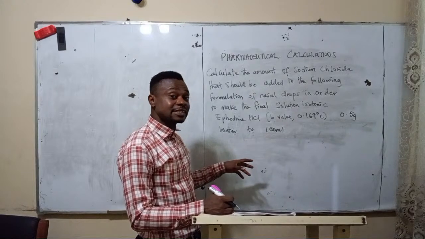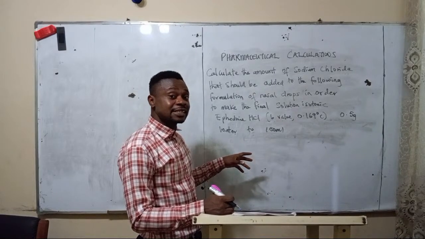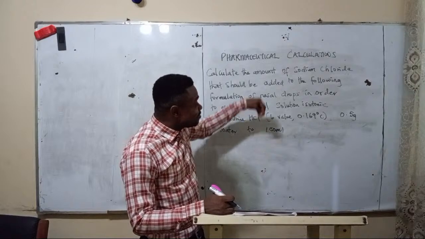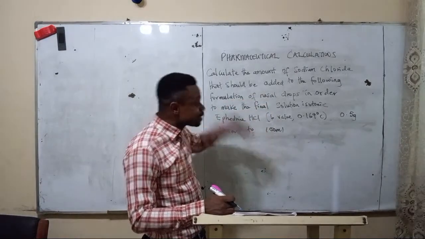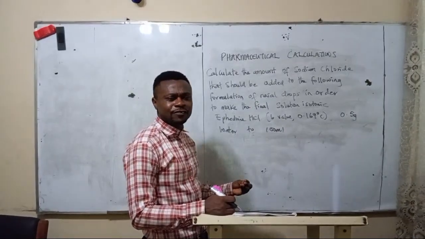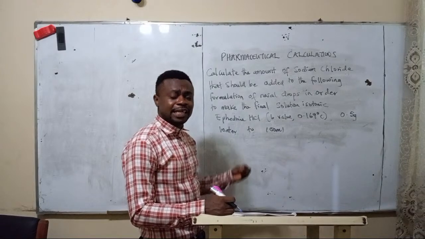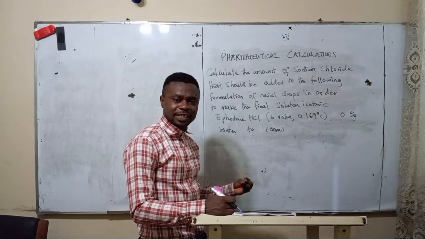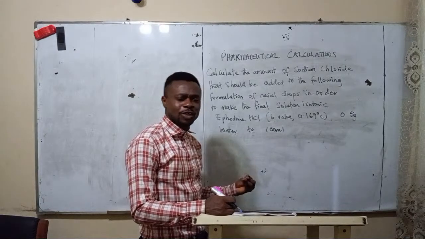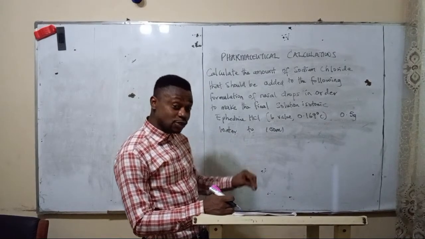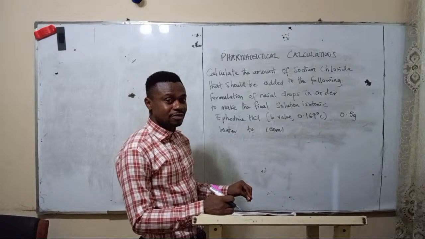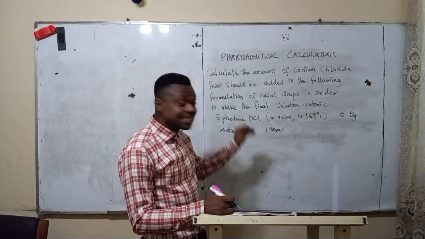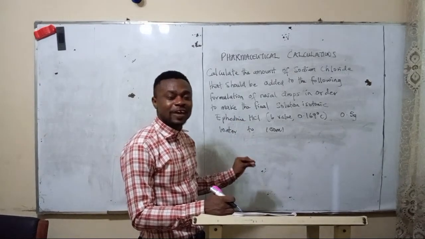That means the freezing point is depressed by 0.52 degrees Celsius. It had also been discovered that 0.9% weight in volume of sodium chloride in solution has this freezing point of minus 0.52 degrees Celsius.